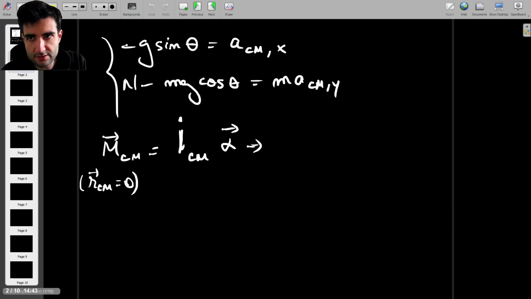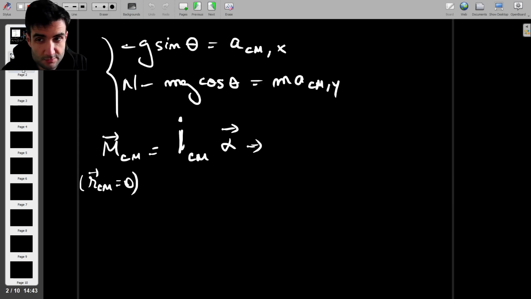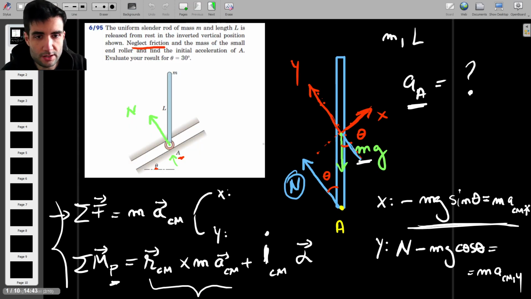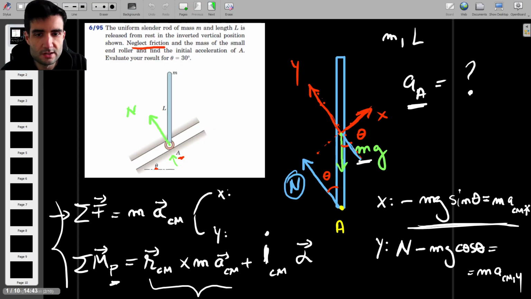Okay, so this force n is producing a clockwise moment, so we have minus n multiplied with L over 2 sine theta, right? I'm leaving the vector notation alone, and I'm just doing this in the simple way.